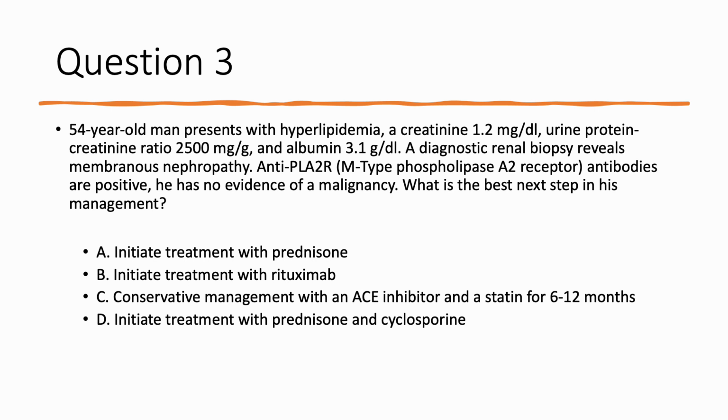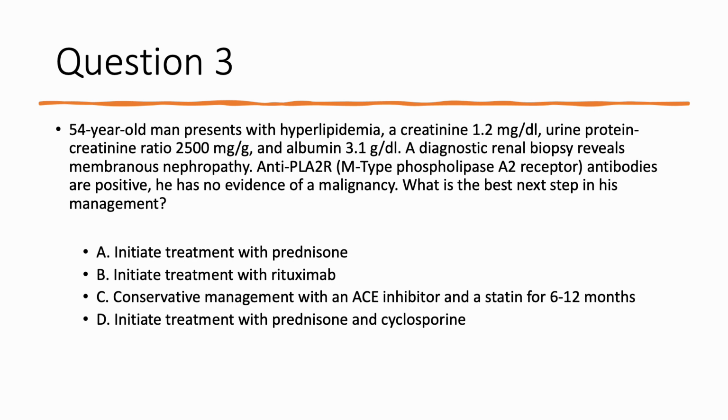So you have the diagnosis here. Anti-PLA2R, this is M-type phospholipase A2 receptor antibodies are positive. Okay, so this is in the serum. The patient has no evidence of malignancy. What is the next best step in the management of this patient with membranous nephropathy?